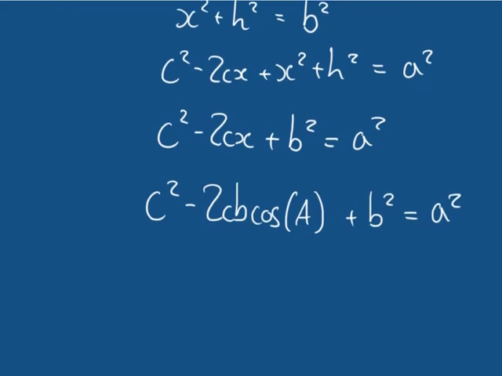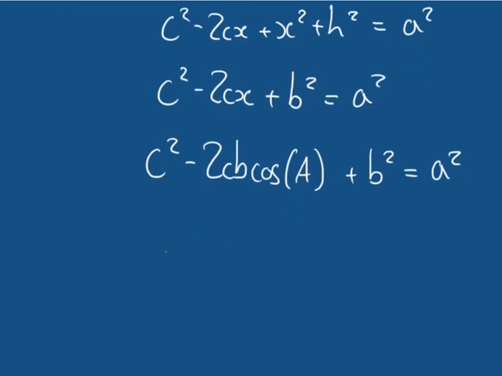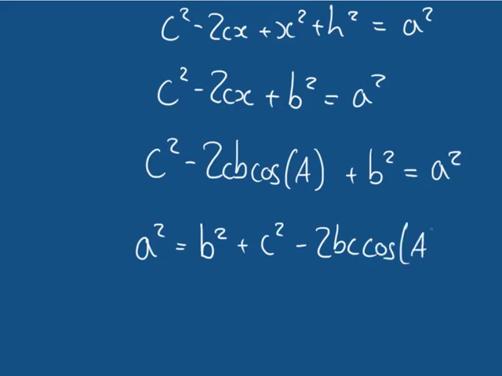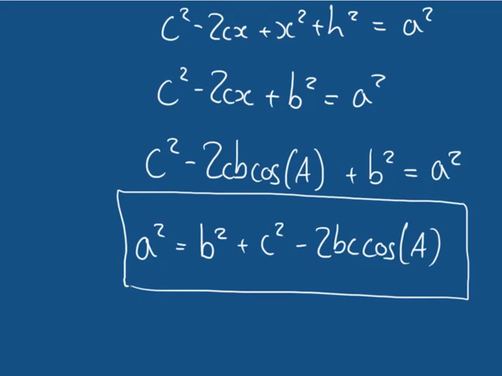We can tidy this up just a little bit to get it into a slightly clearer form. So I'm going to say a squared is equal to b squared plus c squared minus 2bc cosine of A. This right here is our cosine rule.